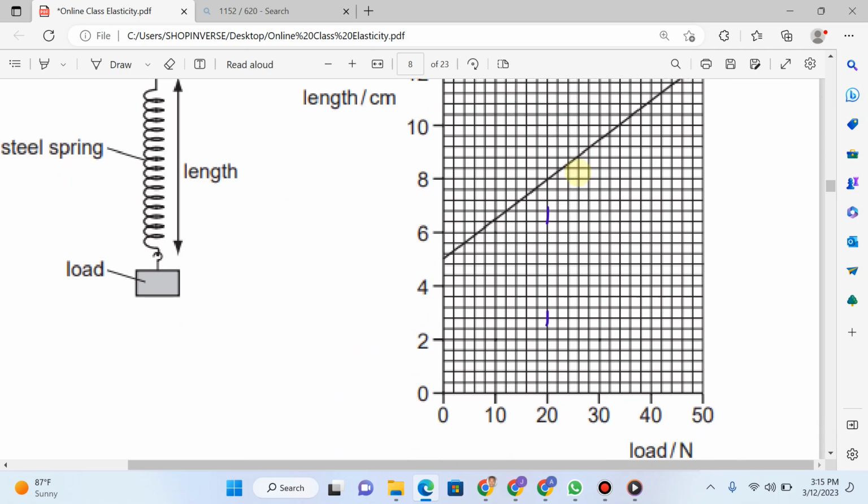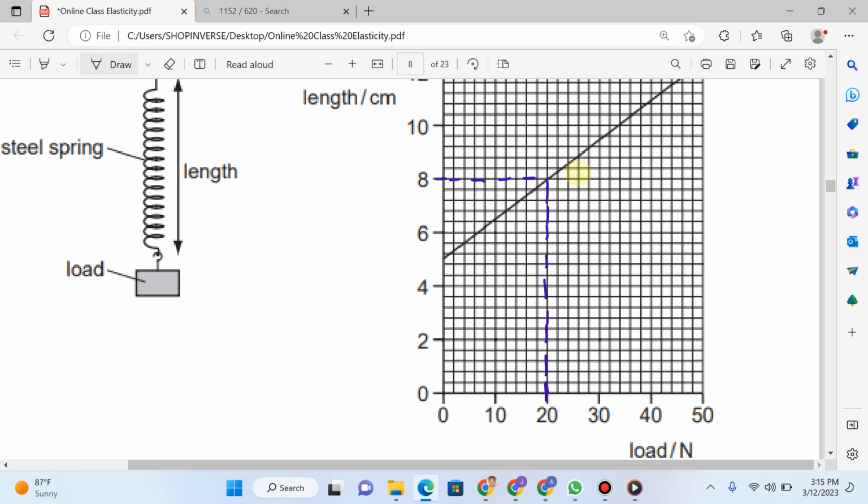You see, when the load is 20 Newton, what will be the extension? We go to 20 Newton and we trace it with dotted lines upwards till it meets the curve, okay? So when it meets the curve, then you trace it to the horizontal axis to get the value of the extension. And what extension do you have there?